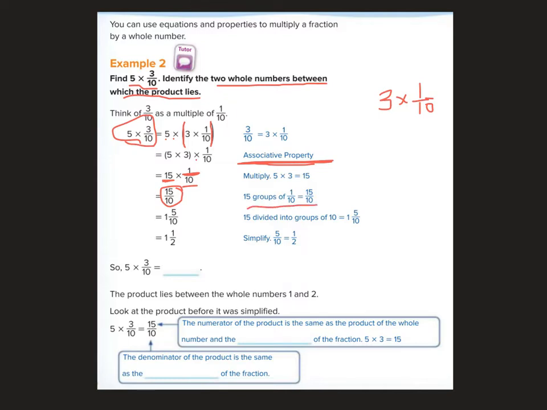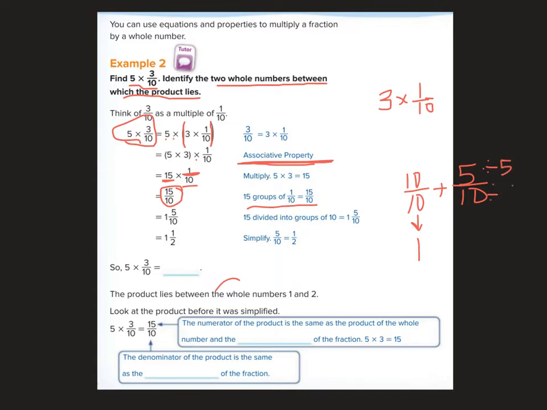Then I'm going to turn it into a mixed number, because we don't like writing improper fractions as our final answer. We want them to be a mixed number, and we want to reduce the fraction of that mixed number. So if I take 15/10, I can look at that as 10/10 plus 5/10. I know that 10/10 is just 1, and I know that 5/10 can be reduced.